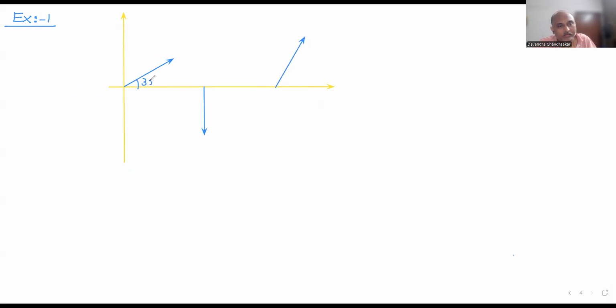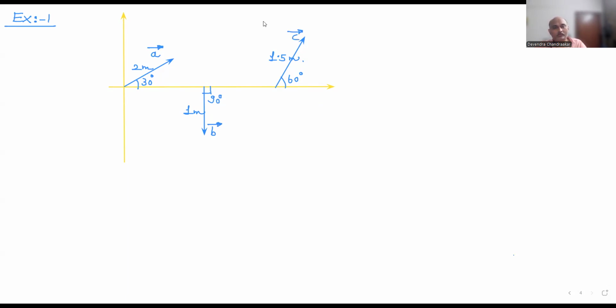So this is making angle 30 degrees. This is 90 degrees. And this is 60 degrees. So this is 2 meters, 1 meters, and this is 1.5 meters, right? Let's say this is vector A, this is vector B, this is vector C.